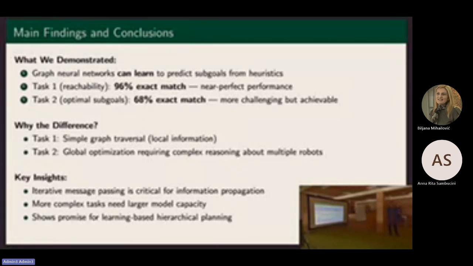So it's much more difficult. But it shows us that there is some potential that it can actually learn something. It still got right about 2/3 of all cases. So we can see that there is some potential in it.